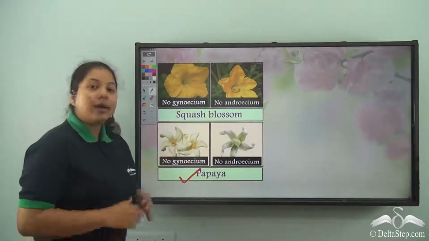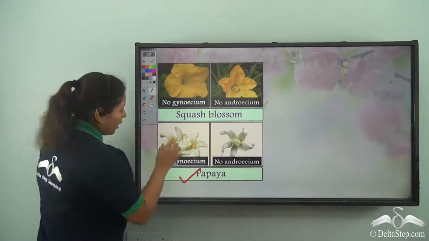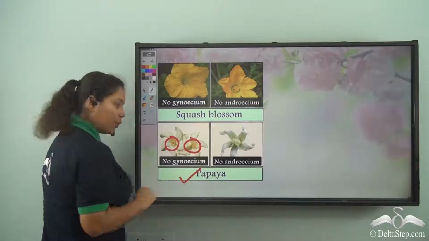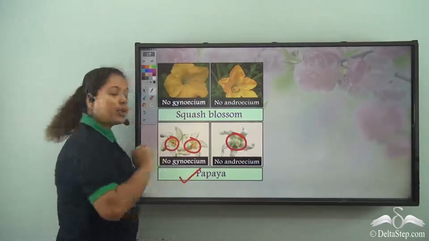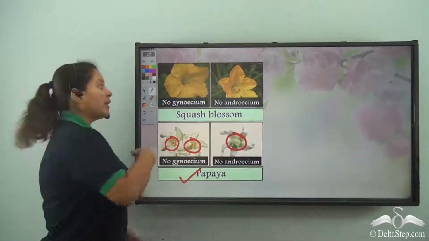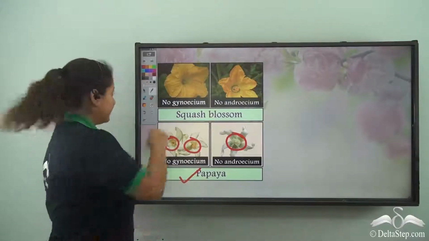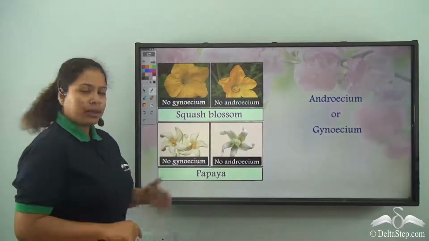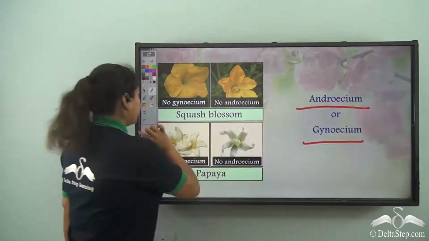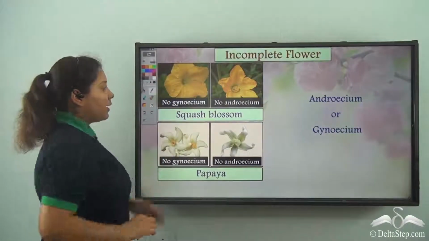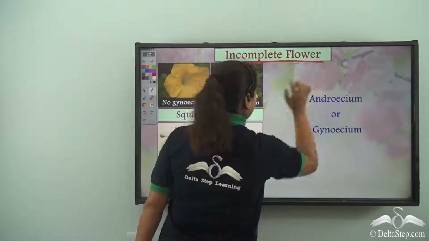These two flowers are also from the papaya plant, but in this flower we see there is no gynoecium, and in the second flower we have seen there is no androecium. So in all of these flowers one reproductive part is missing. Either they don't have androecium or gynoecium. So these kind of flowers are known as incomplete flowers.